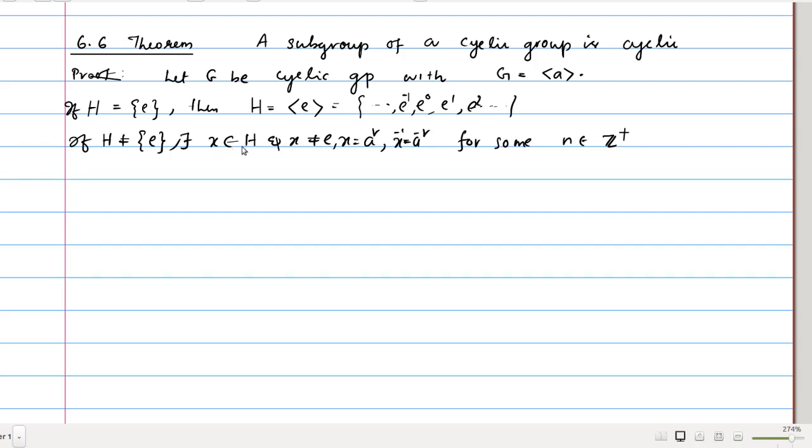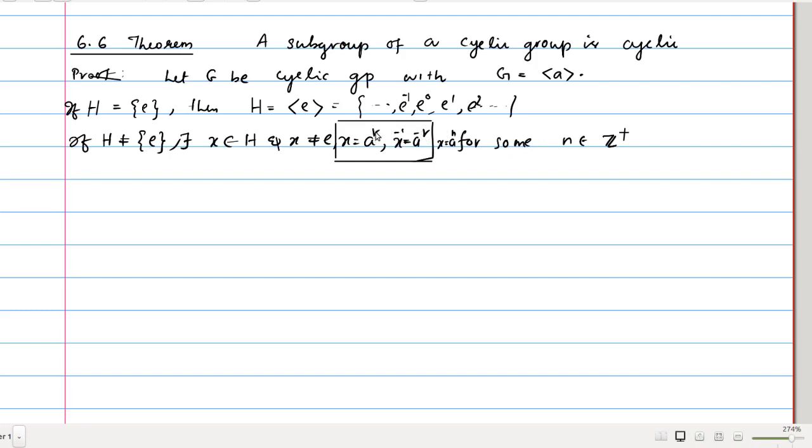We know that if X is an element of H, then X inverse is also an element of H. So we would expect X equal to A raised to n for some positive n. That means if X equal to A raised to R, then consider X inverse, A raised to minus R, and take minus R as the n if R is negative.